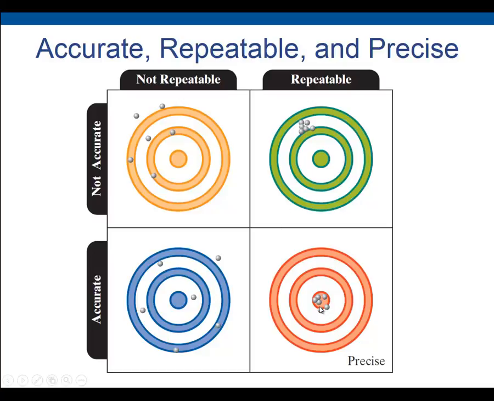Precise is the combination of accurate and repeatable. Okay, so precision is reflected in the number of significant figures used to report a value. That means the more significant figures, the more precise the value is.